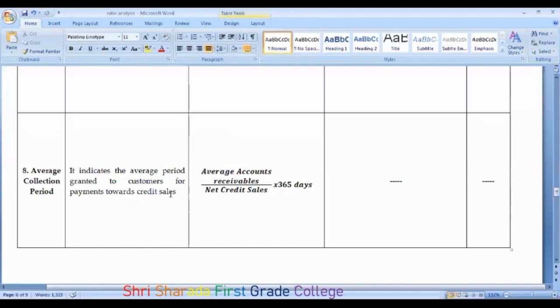That is analyzed in the average collection period. So average accounts receivable divided by net credit sales. Credit sales indicate you are obtaining a credit facility, which may be delayed by either 2 months or 3 months. This is always compared with 365 days, the number of days in a year.